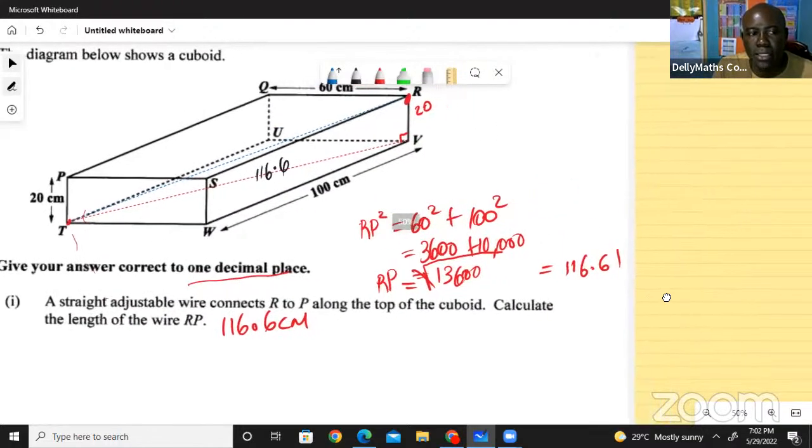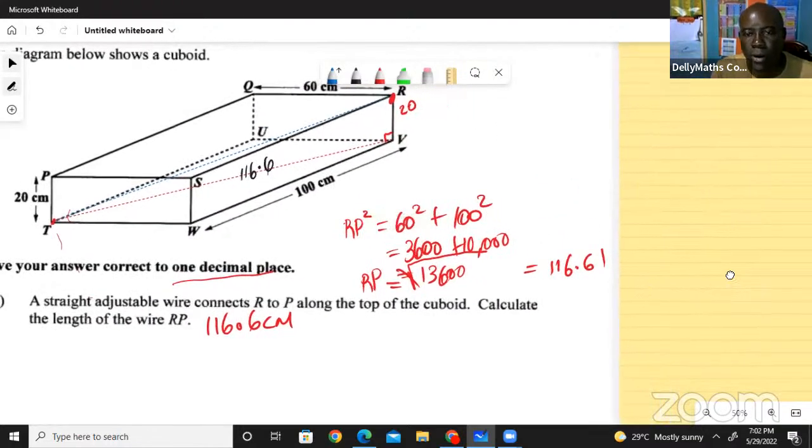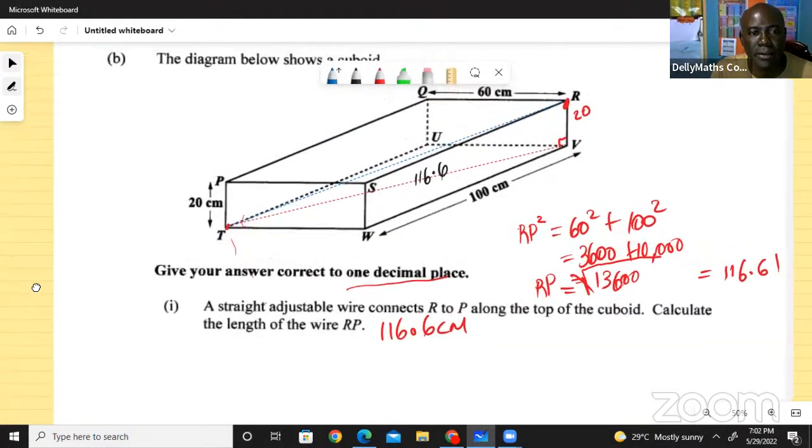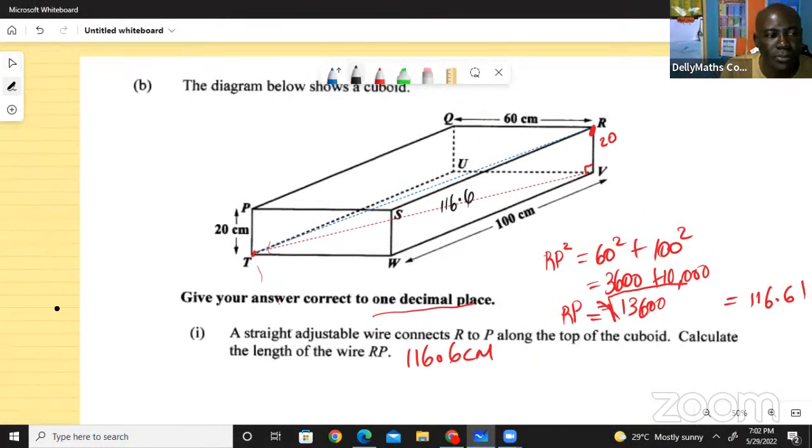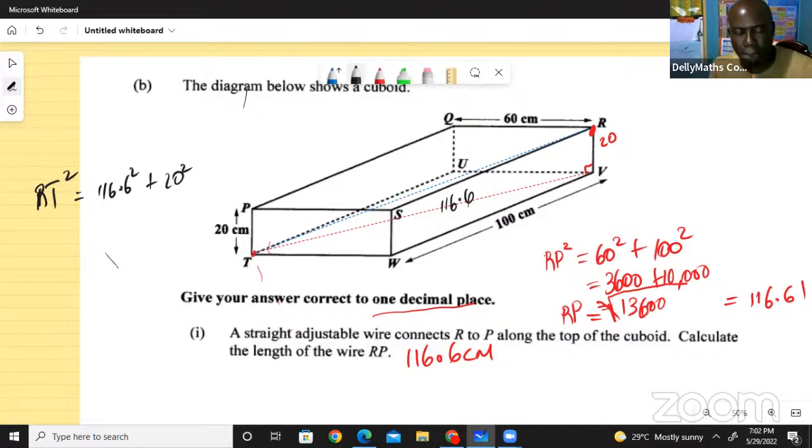All right, so RT. Here, we can work RT beside it. RT is the hypotenuse. This blue line is a hypotenuse. Look at what I created. So RT is equal to 116.6 squared plus 20 squared.